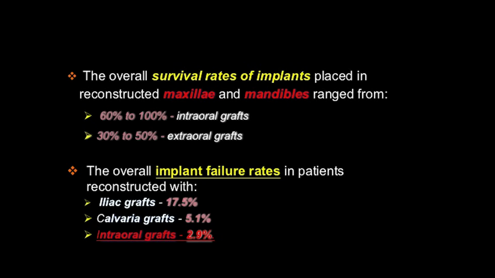The overall survival rates of implants placed in the sites reconstructed in the maxilla and the mandible range from 60 to 100% if the grafts are intraoral. Of course, the survival rate is reduced if they are taken extraorally from the hip or from the rib. It will be reduced to 30 to 50%.